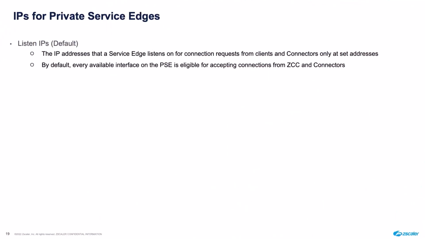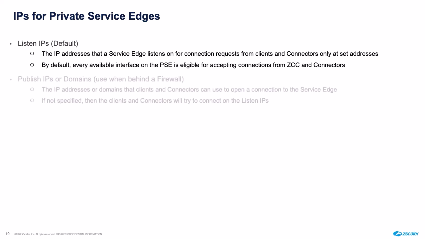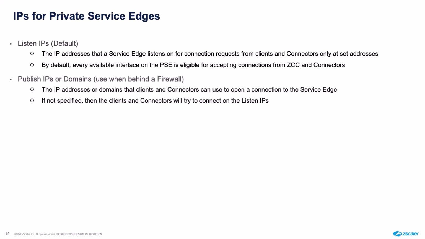So the listen IPs are the IP addresses on the private service edge that it'll listen on for connections from client connectors and app connectors. By default, every available interface on the service edge is eligible for accepting connections from the client connector and the connectors. You might also configure the IP addresses or domains to publish if you're behind a firewall. So if you're doing address translation on the firewall, these IP addresses will be different.